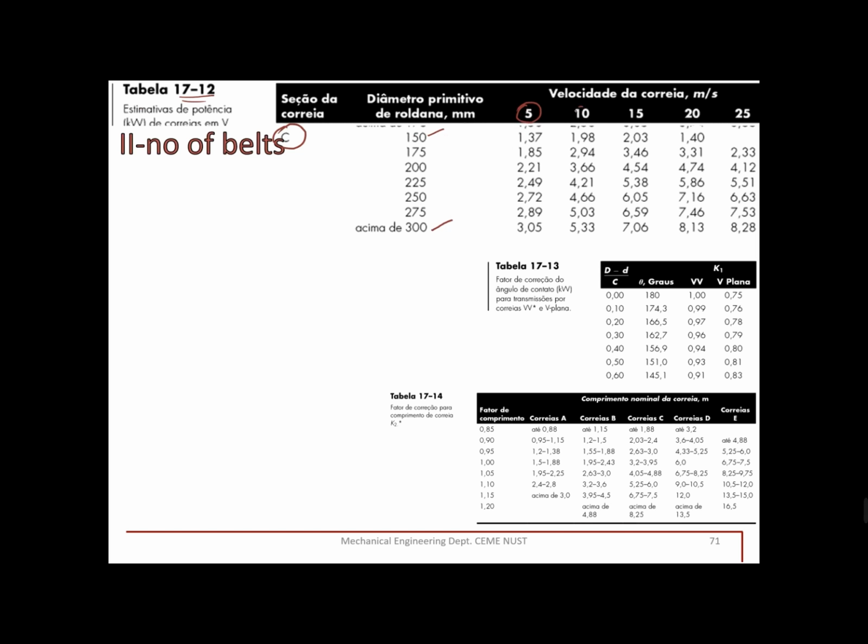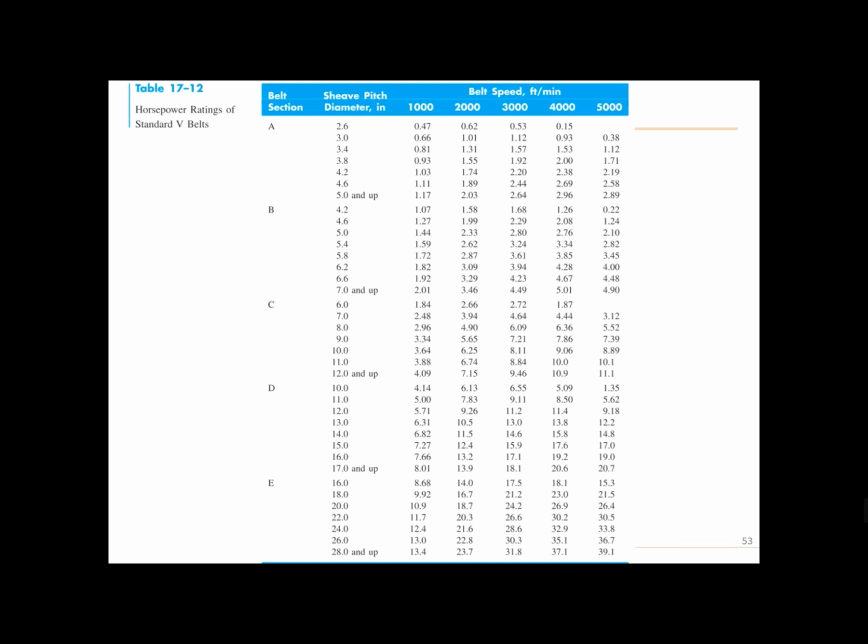For belt speeds of 5, 10, 15, 20 meters per second, we have different power ratings. For example, a 250 mm sheave running at 10 meters per second can produce 4.66 kilowatt of power. Similarly, a C-type belt of 10 inch sheave diameter running at 2000 feet per minute can produce 6.5 horsepower.